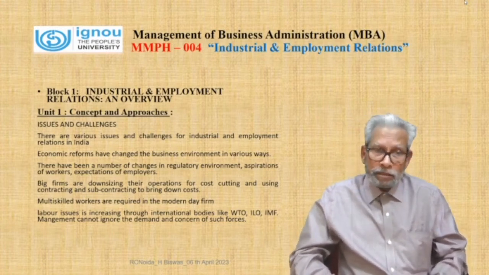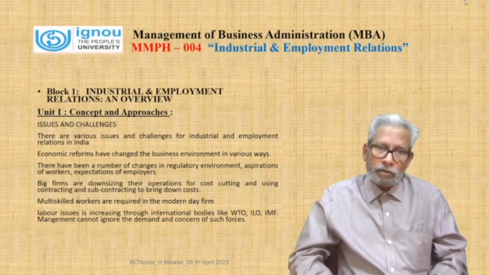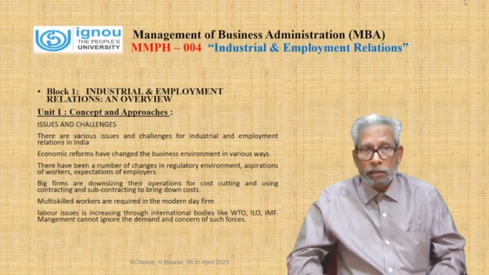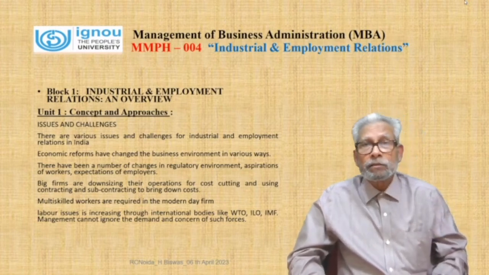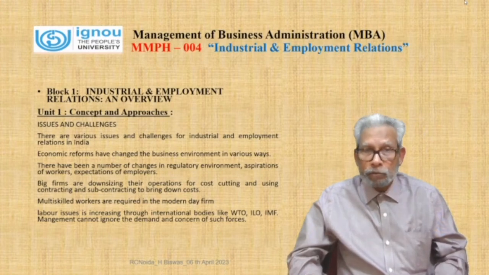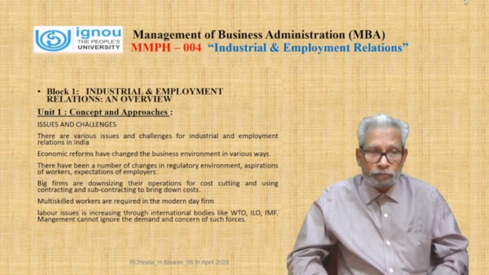So multi-skilled workers are required in modern days. Companies are always searching the market for multi-talented workers so that, with a small amount of money, they can take maximum output.